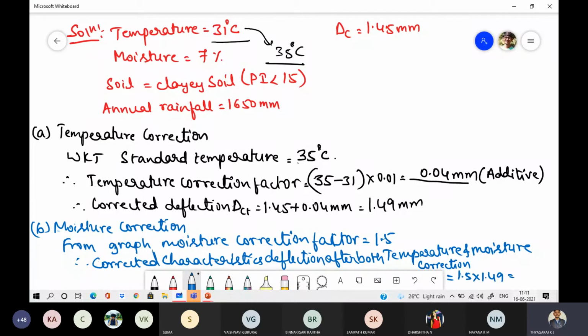Check how much you are going to get. 2.23 mm.